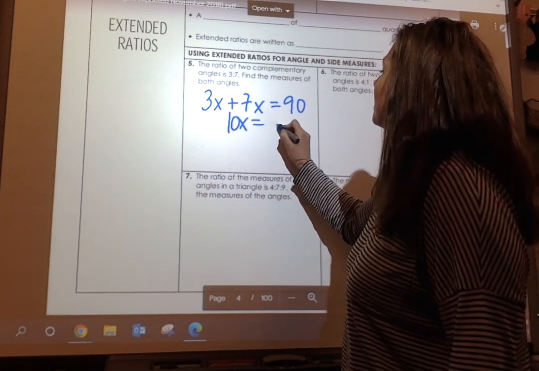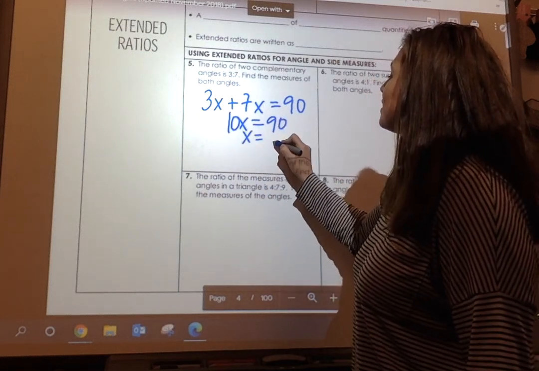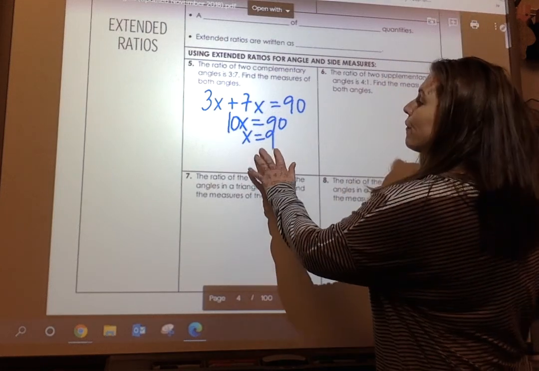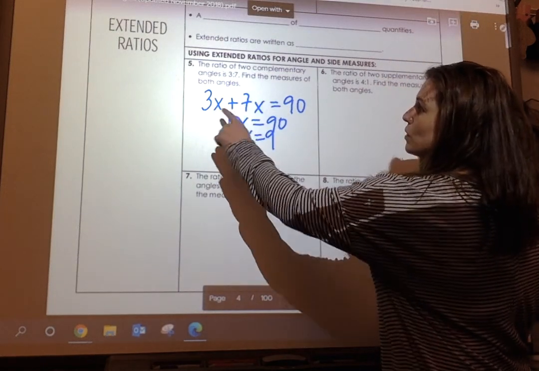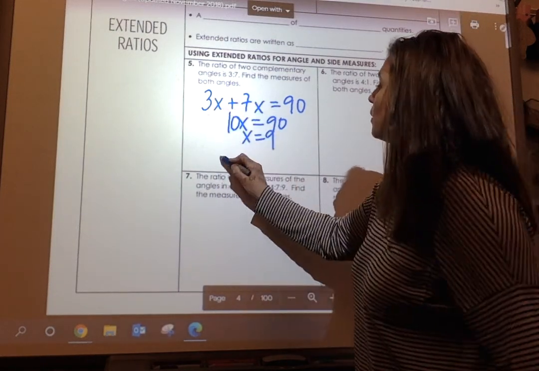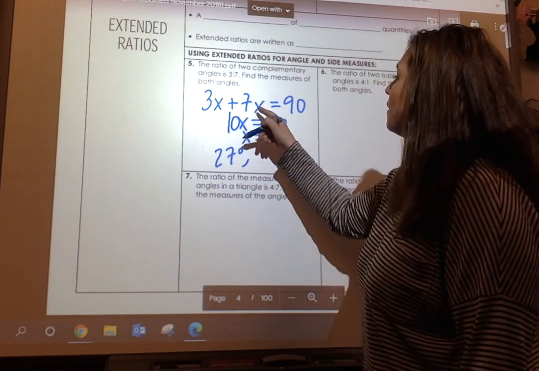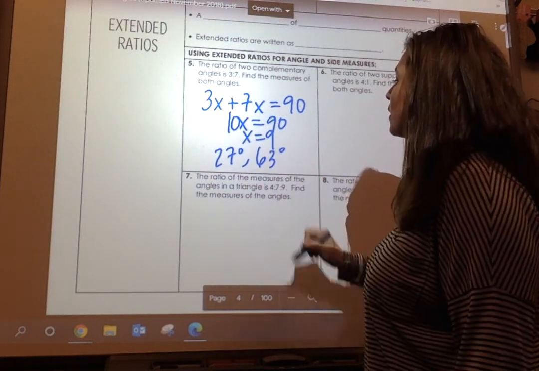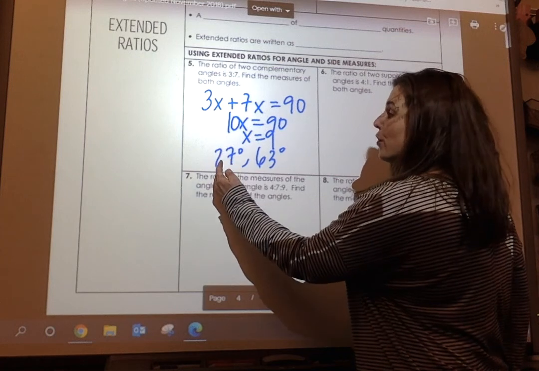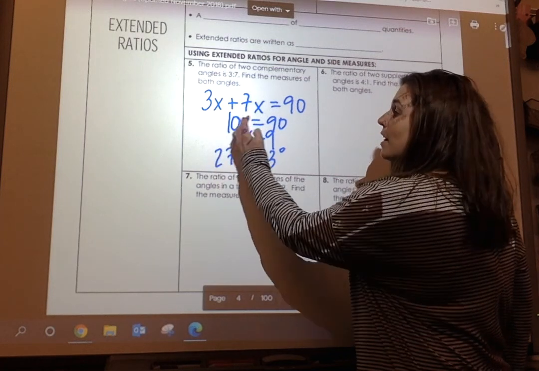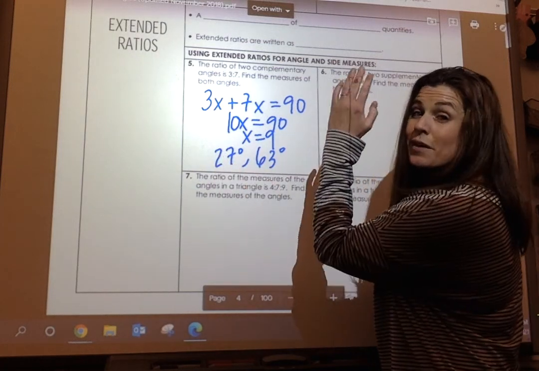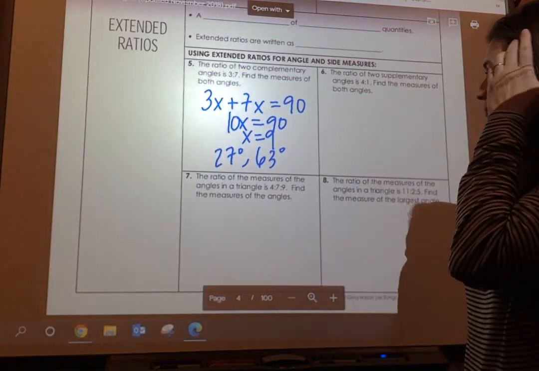So I get 10x equals 90. X then equals 9. So if I want to find the measures of both of those, this angle is going to be 27 degrees, and this angle, of course, would be 63 degrees. And they match that 3 to 7 proportion. They both add up to 90, so I know that that's the correct answer.